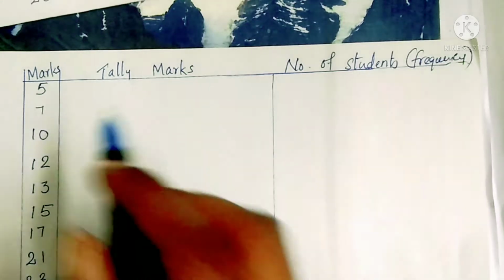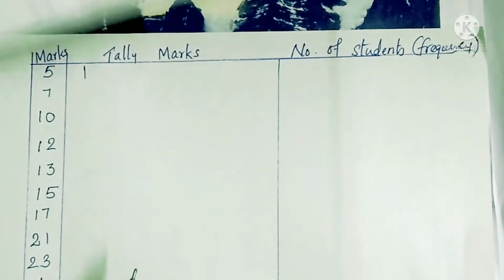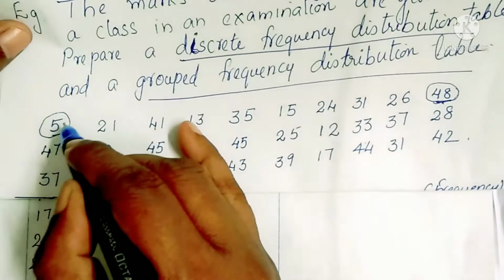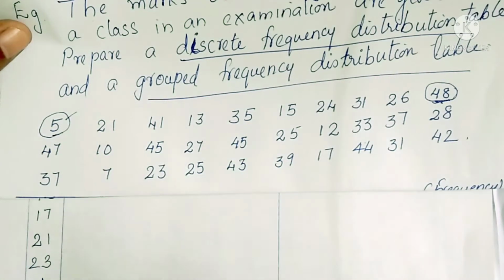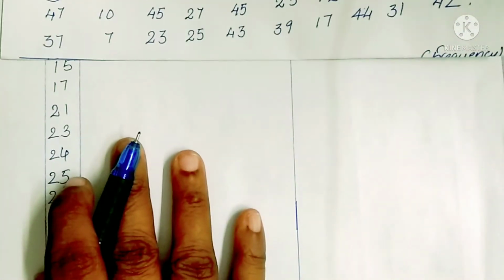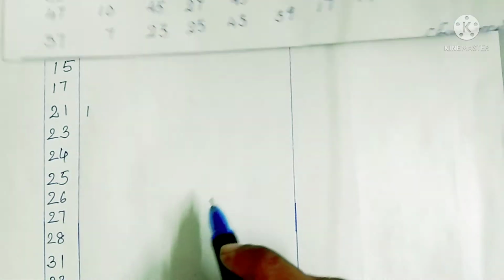See here, first number is 5. So wherever you wrote 5, put one tally mark. Next number is 21. To avoid mistakes, whatever you have checked, you can put a tick mark so that you will not repeat it. Next one is 21. So wherever 21 is there, you put one mark.